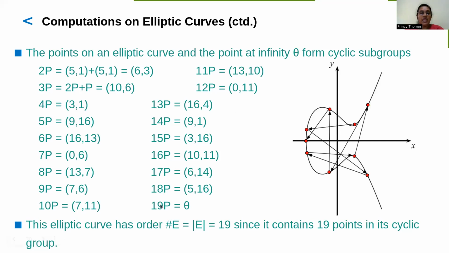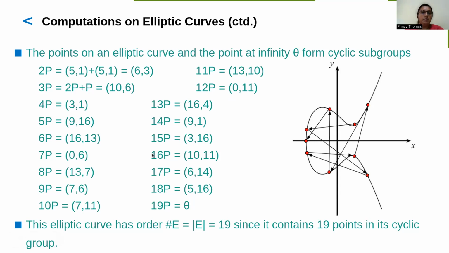Up to 19P. When you come to 19P and solve the equation, you will find that this value is P minus P. When it becomes P minus P, we already saw that we have an element called the identity element, or the infinity point, that is theta. Once theta is calculated, any point that comes after that will repeat this sequence.